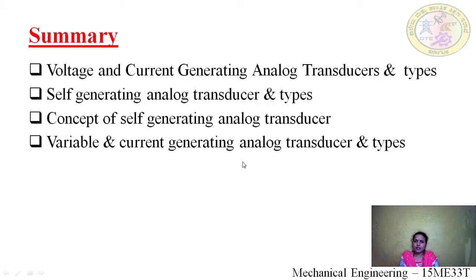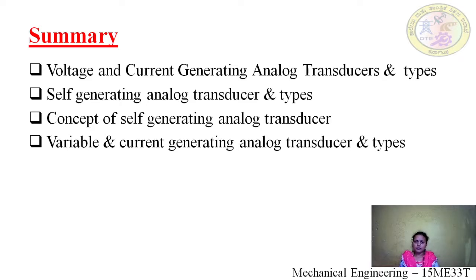In the variable inductance generating analog transducer, here what's happening is relative motion changes the inductance, which is in turn converted into the voltage. To convert the change in inductance to the voltage, we are using an external power source.